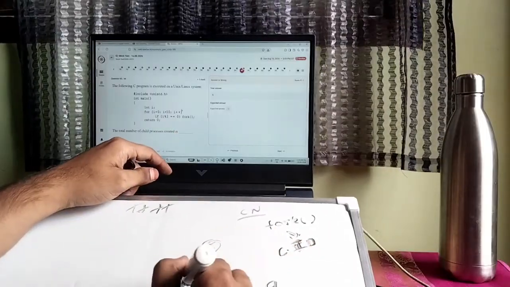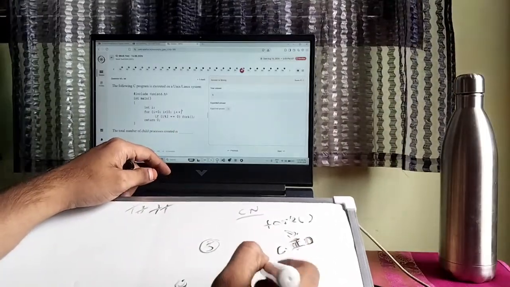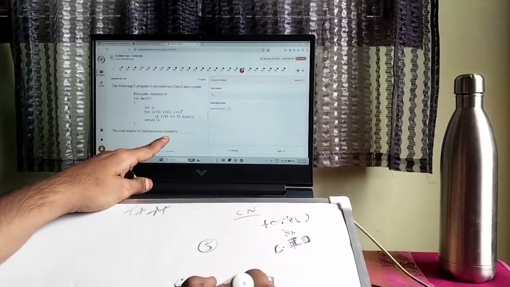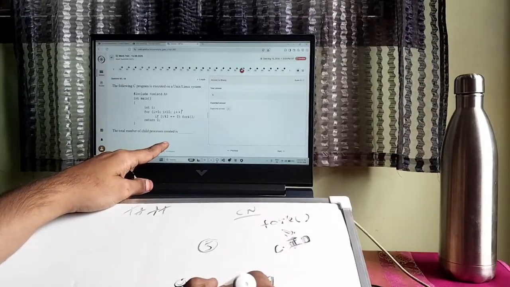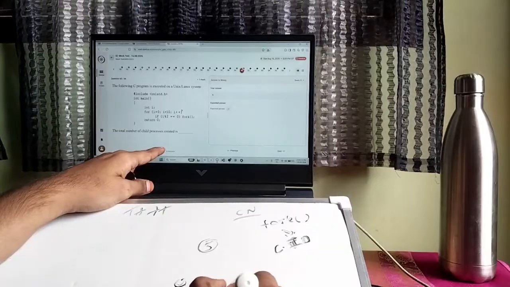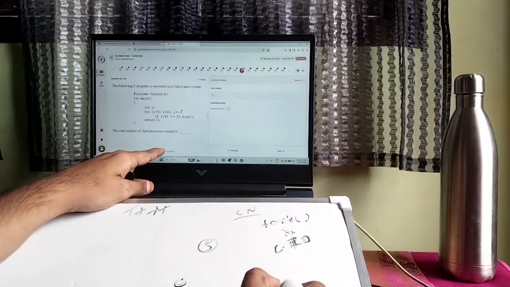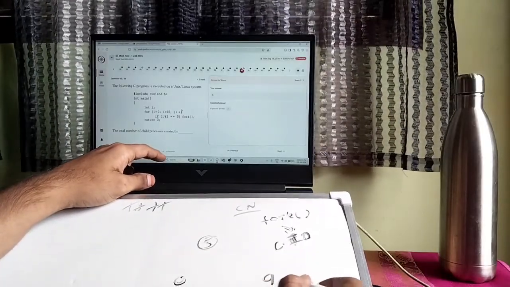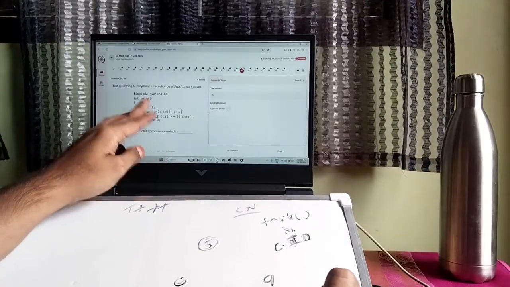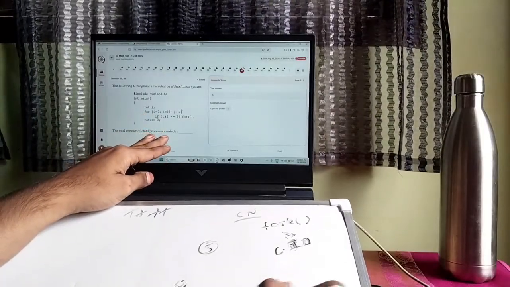If we count 0 to 9, there are total 5 such numbers: 0, 2, 4, 6 and 8.